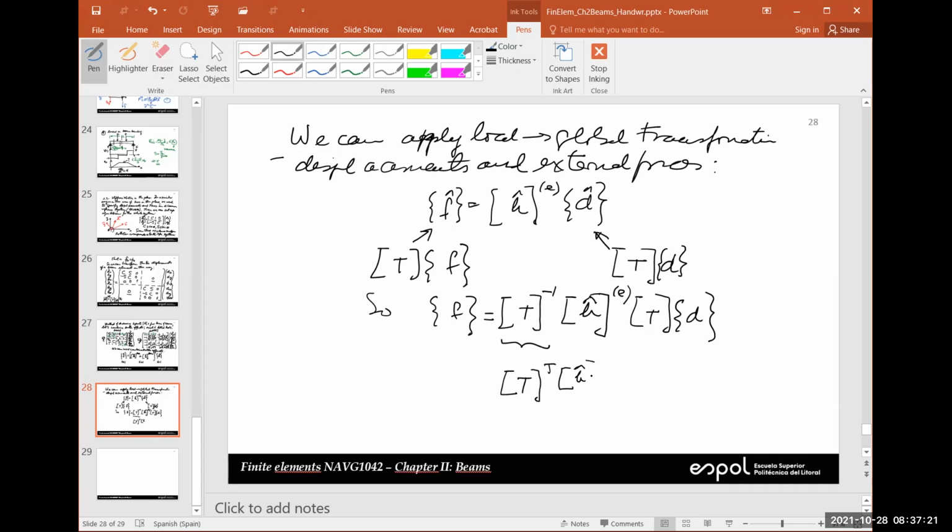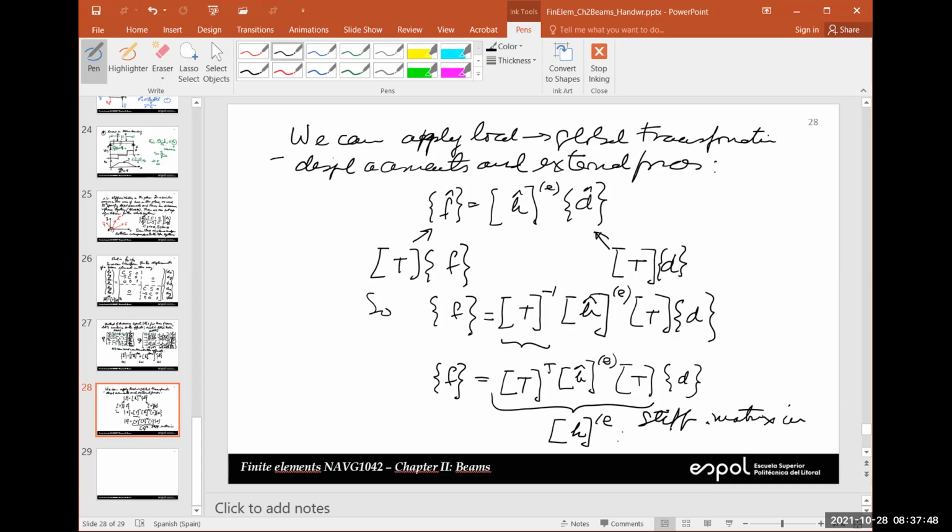This is K, this is T, and this is D. And all of this, in the same way as before, we call it K. So this is the stiffness matrix in the global reference system.